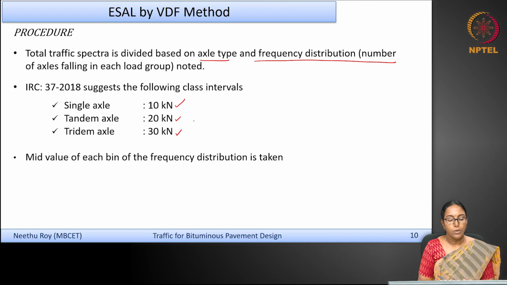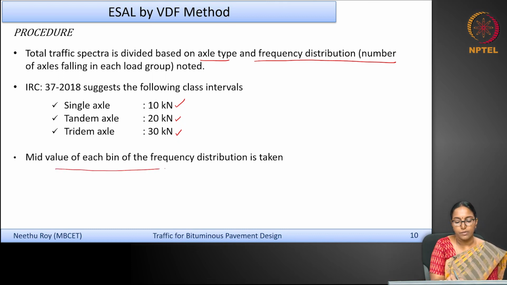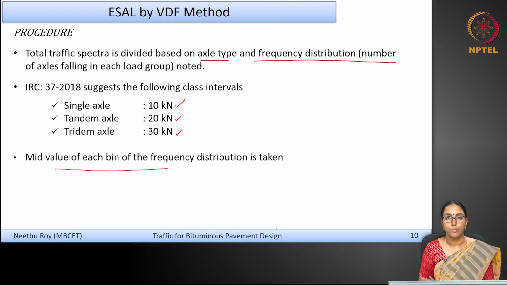Now you divide the entire axle load data and prepare it in the frequency table, and the mid value of each bin of the frequency distribution will be considered.